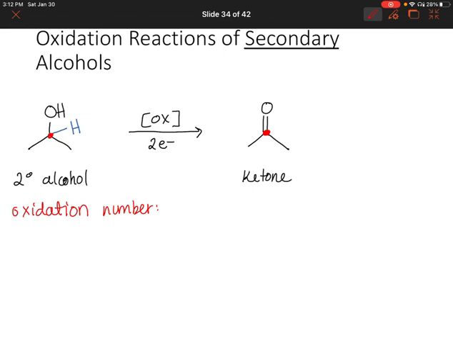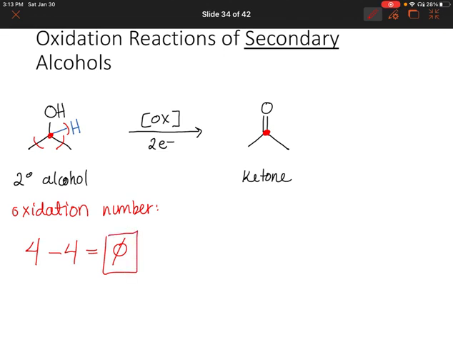All right, so again, that central carbon that I circled in red has 4 valence electrons, and in the secondary alcohol, it has ownership over both electrons going to hydrogen, and then it also has ownership over 1 electron to one of the carbons, and then another electron to the other carbon. So those are split equally. So that's a total of 4. So we have an oxidation number of 0.